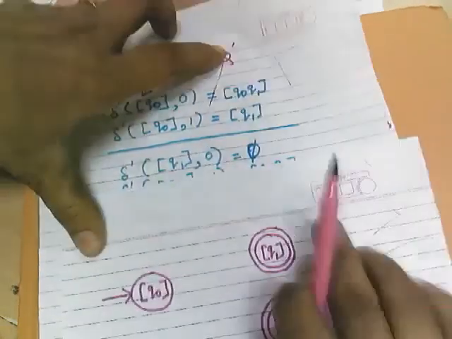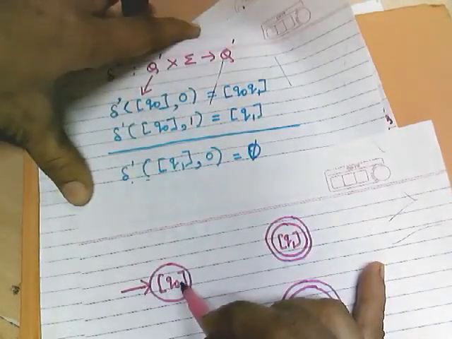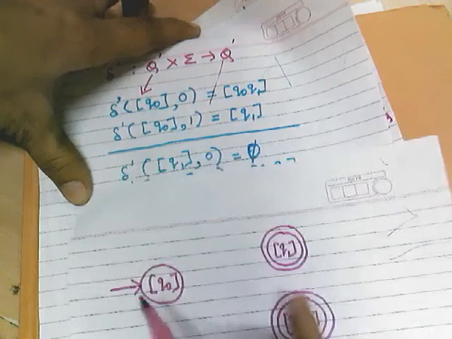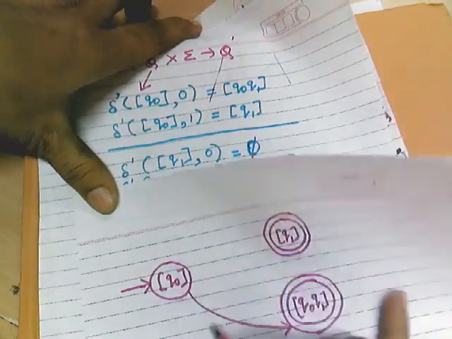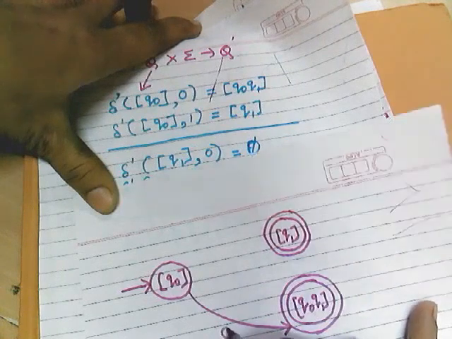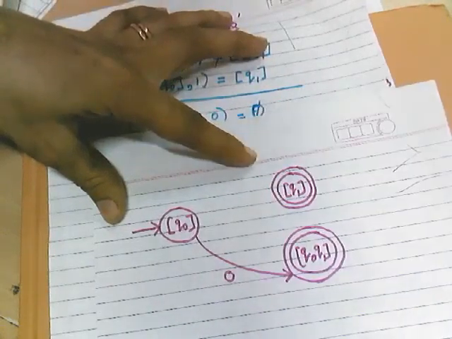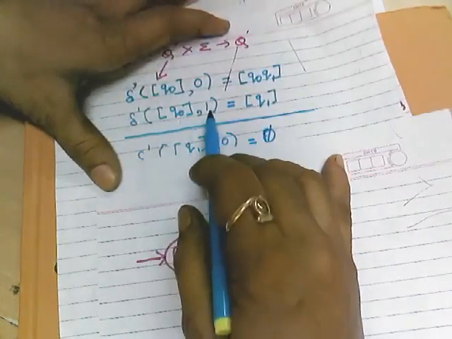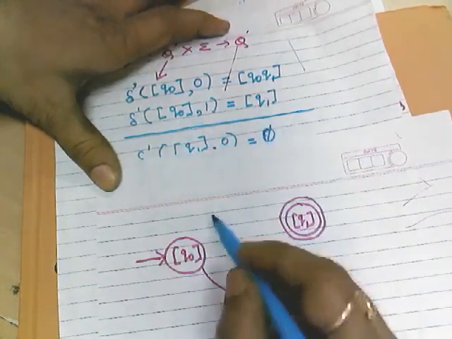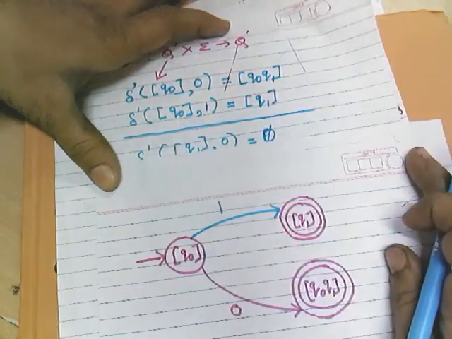So now what is it? See here, Q0 on 0 moves to Q0 Q1. It is moving on 0, right? Next, Q0 on 1 moves to Q1, right?